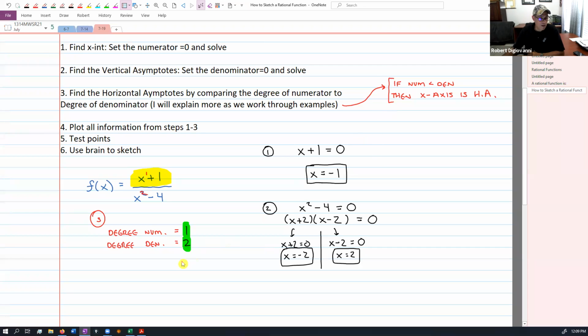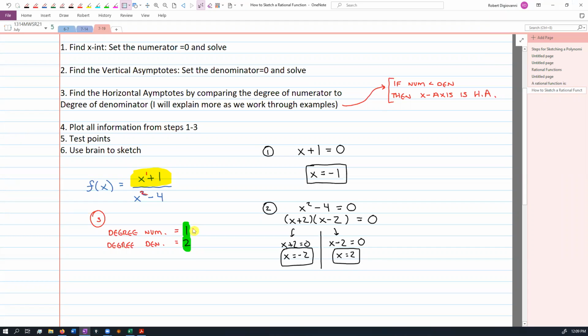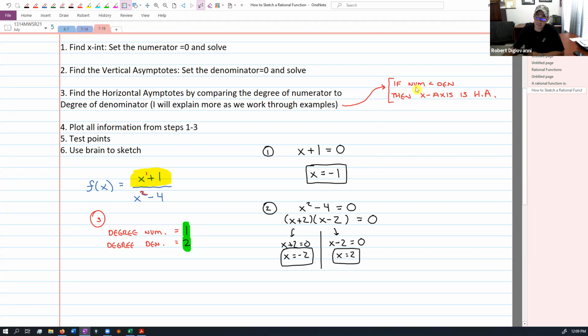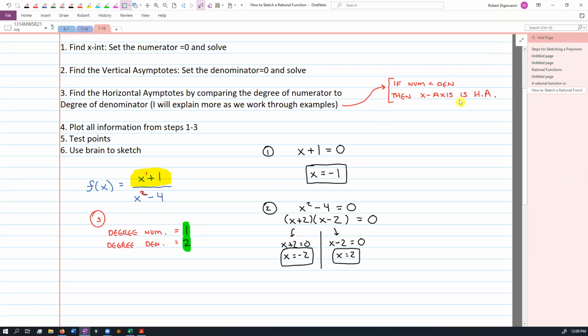So right now, Lily, the degree of the numerator you said is 1, right? And that is smaller than 2, isn't it? Yes. And I'm telling you that if the numerator's degree is smaller than the denominator's degree, then the x-axis is where you're going to have that dotted line. Okay? Got me? Yes.